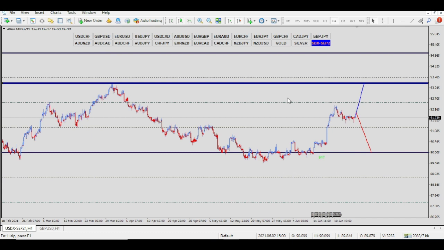If it tells you that the dollar is going to be strengthening, then certainly you need to be looking to be shorting pairs like gold, silver, AUD USD, Euro USD, GBP USD, and certainly you need to be looking to buy, sorry about that, pairs like USD CHF, USD JPY, USD CAD.